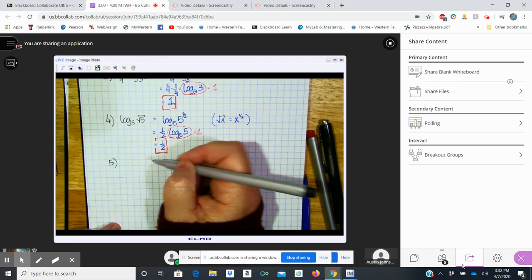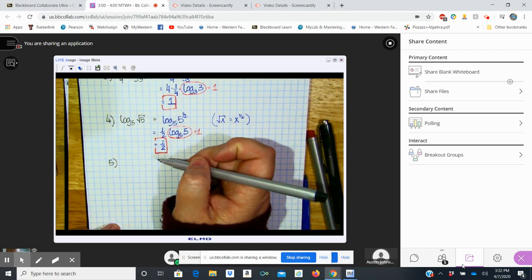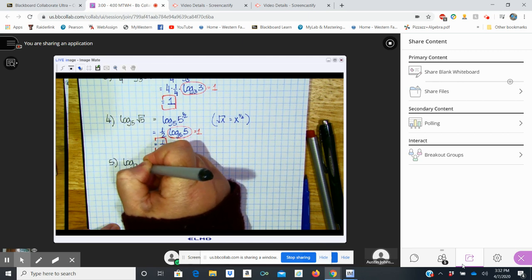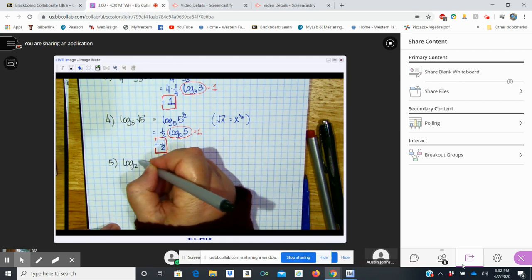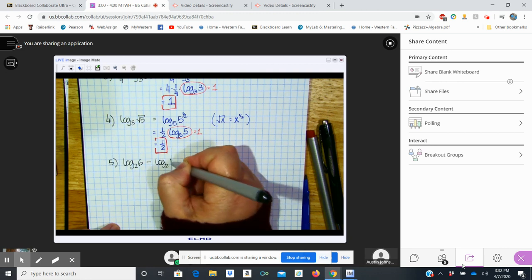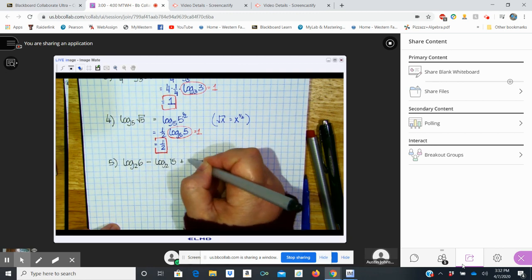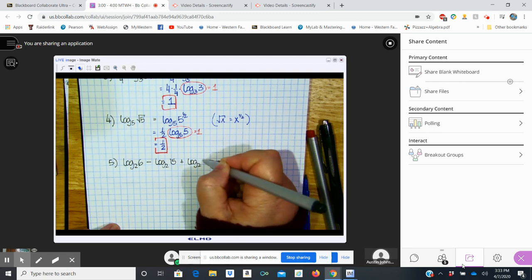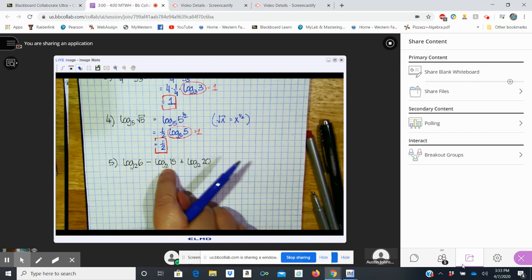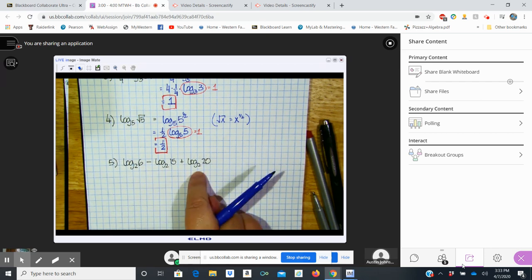Let's try one more and see how it goes. We've got a log base 2 of 6 minus a log base 2 of 15 plus a log base 2 of 20. Are all of the bases the same?